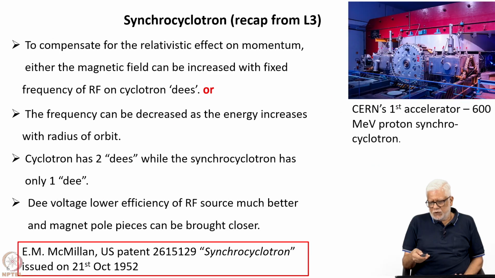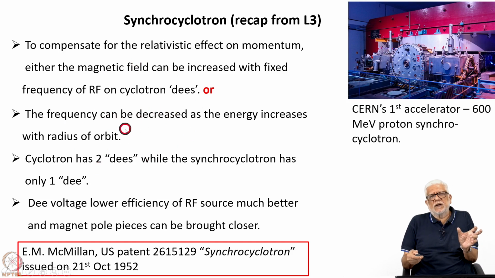So again, doing a recap, the synchrocyclotron is a modification of the cyclotron. What you do is you have only one D, and a cyclotron of course has two Ds, where the particle gets accelerated in between these two Ds. But apart from that, as the particle moves out, the frequency can be decreased. So this is again not a CW machine like the cyclotron, but you have to operate it in pulses.